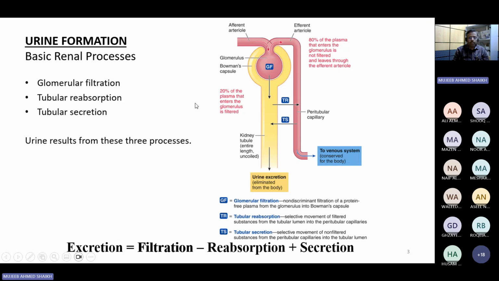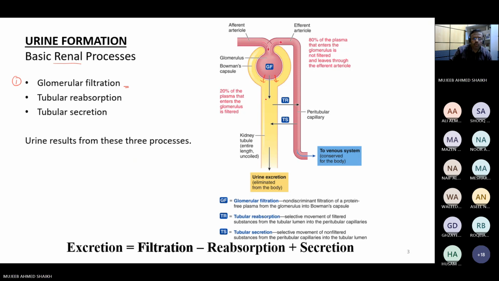So this is a repetition of the previous slide. Urine is formed by three processes. Number one is filtration. Whatever blood or plasma enters the glomerulus, some of it will be filtered. This occurs in the glomerulus, which is why it is called glomerular filtration.